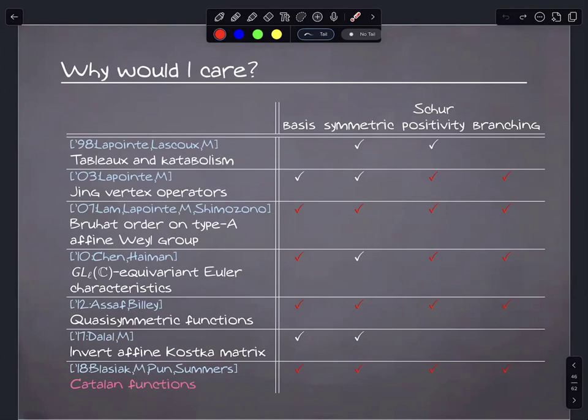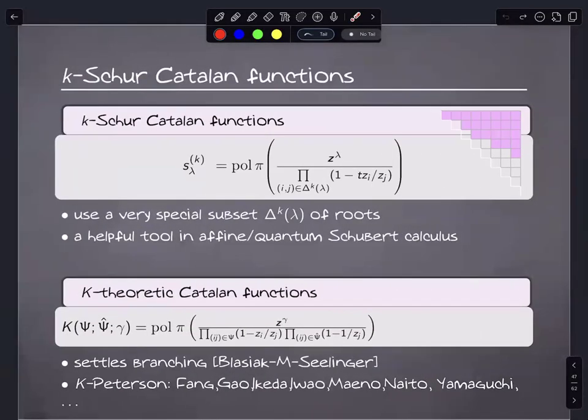But anyway, this is why I cared. It's amazing that one new definition could do so much for you. So this is just the quick summary of it. Catalan functions were, you take any set of roots underneath or above a Dicke path.